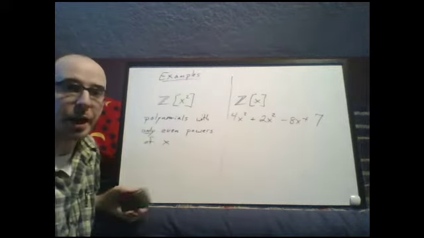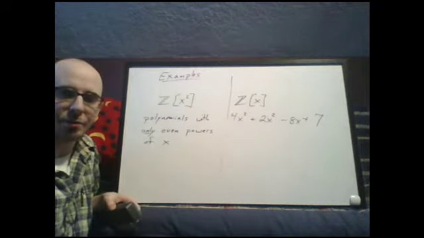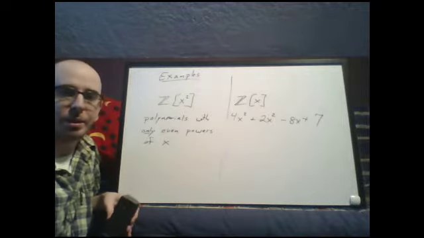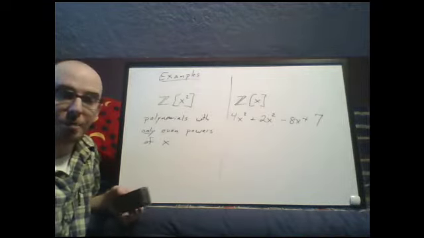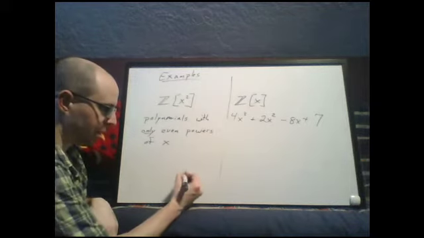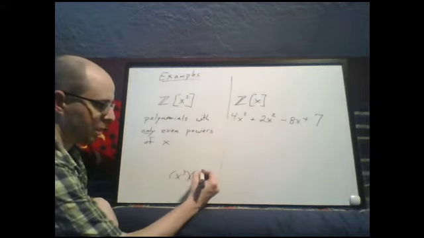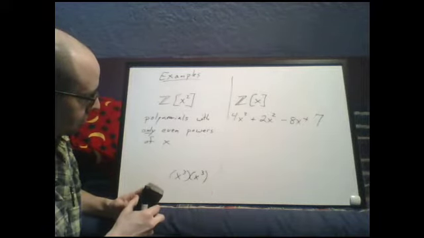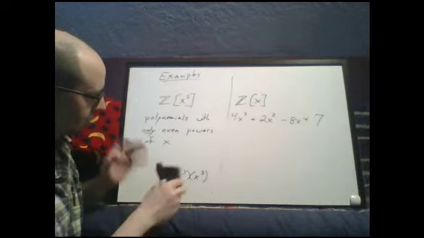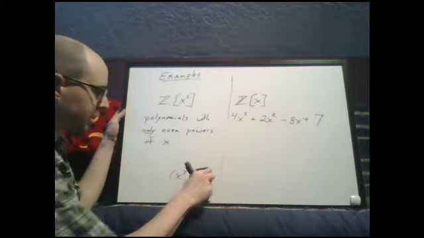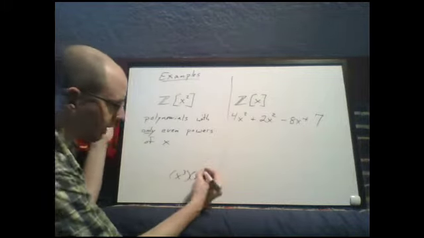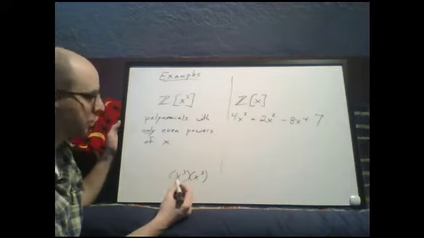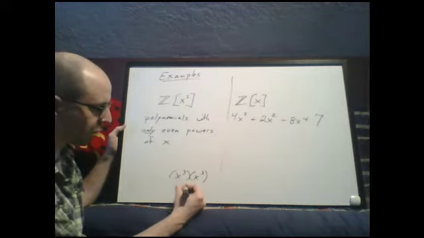On the other hand, if I made the set of polynomials with only odd powers, that would not be a subring, because if I multiply x cubed times x cubed, that's x to the sixth.